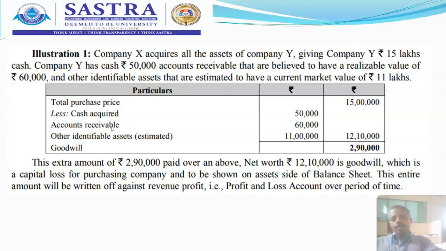Goodwill is an intangible asset and treated as dash in the balance sheet. I'm not going to ask what goodwill is. Option 1, capital profit. Option 2, revenue profit. Option 3, capital loss. Option 4, revenue loss. That is important. Now is your answer. Try to come out with your answer.